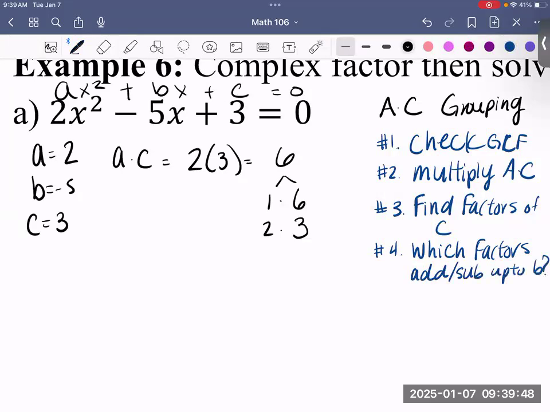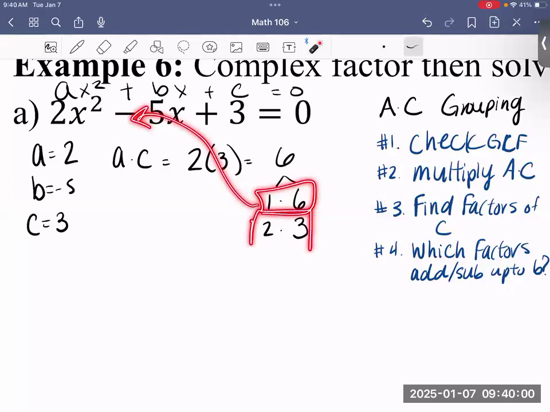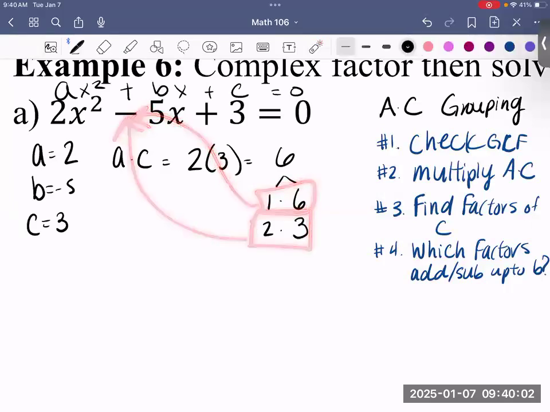So B is -5. Which one can make a 5 through addition or subtraction? And again, if we're not sure, because 1 and 6 could make 5, right? 2 and 3 could also make 5. We could try them out, right? There's nothing wrong with guessing and checking.